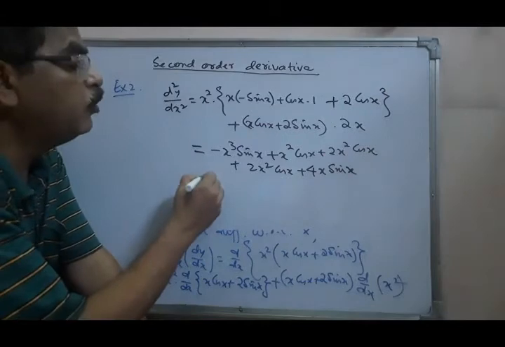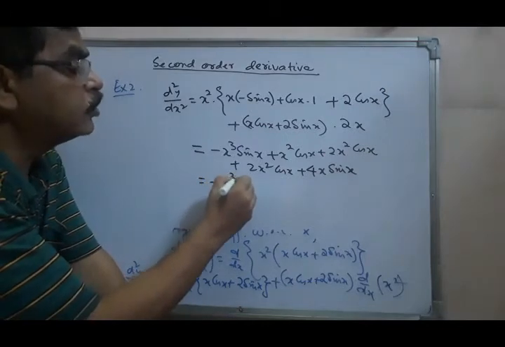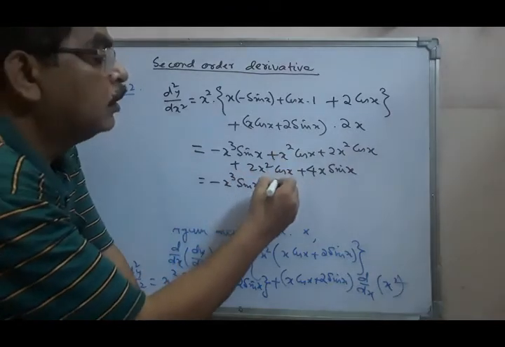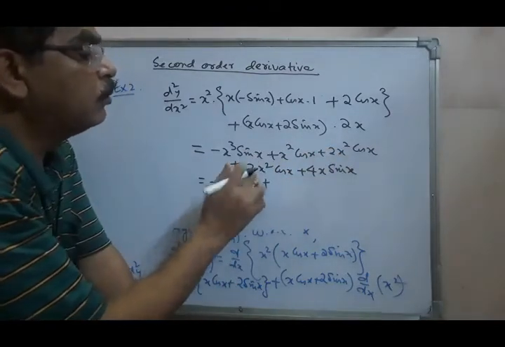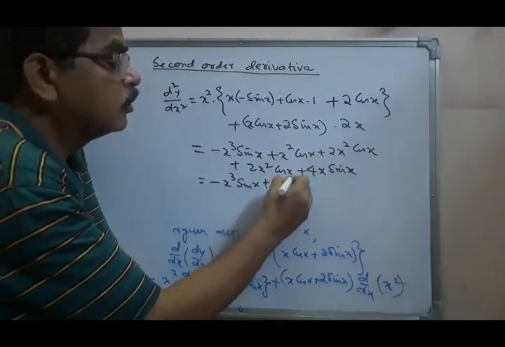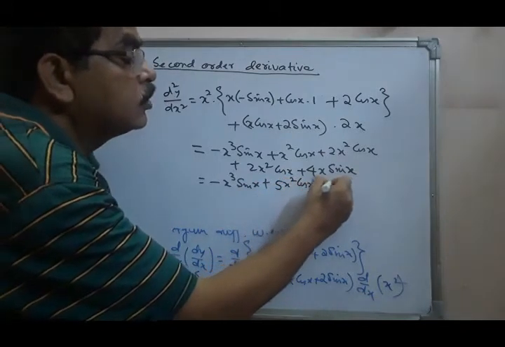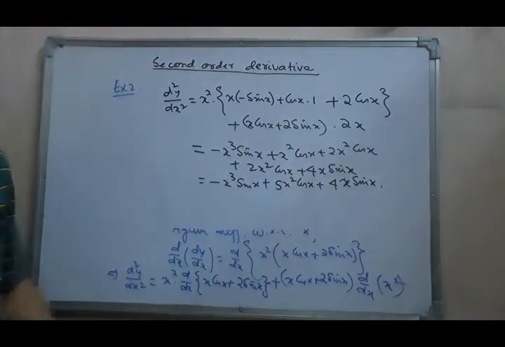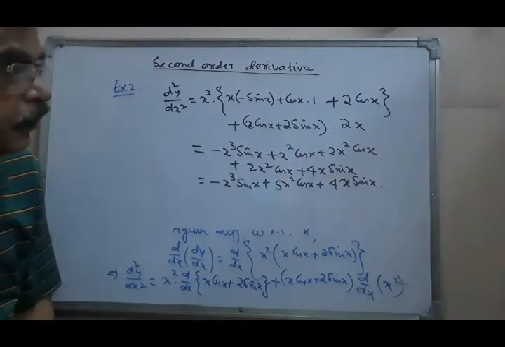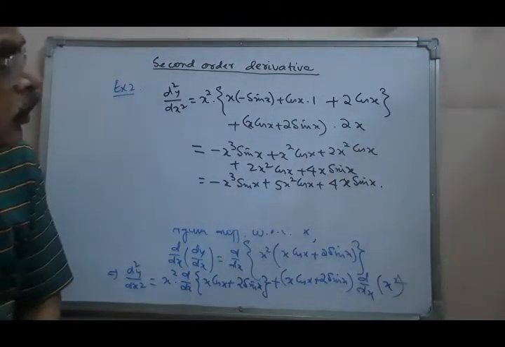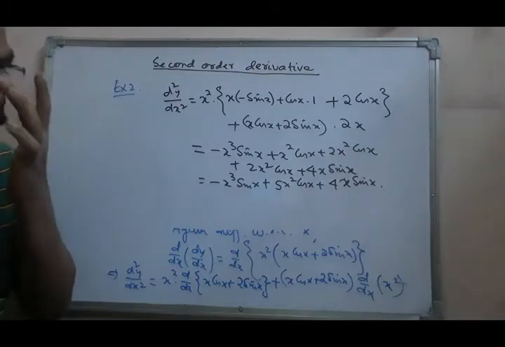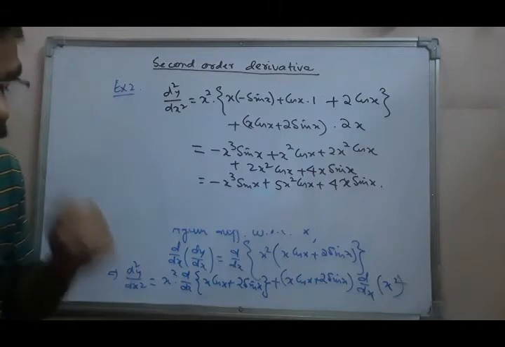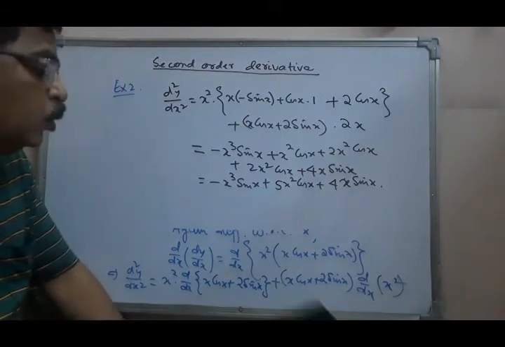So finally we are getting minus x cube sin x plus 4x square cos x plus 6x sin x. So this is the answer. So what we found, second order derivative is nothing but we have to do the derivative again, meaning we are doing the derivative two times.